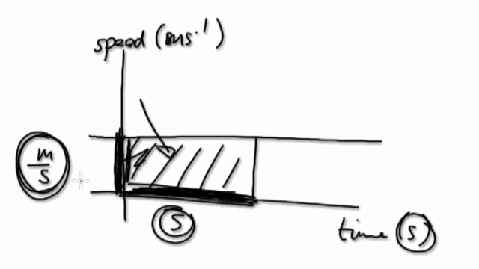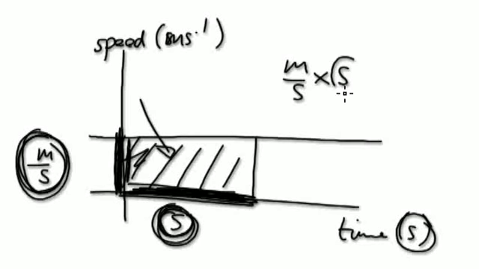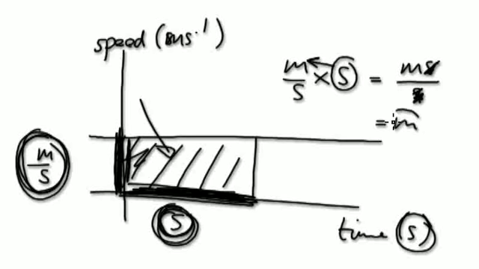Now what does it mean when you get this times this? Well, look at the unit. Here you've got meters per second, and then you multiply by seconds. You're multiplying a fraction, so it gets multiplied to the top. So this equals meters times seconds over seconds. The seconds cancel out, leaving you meters.